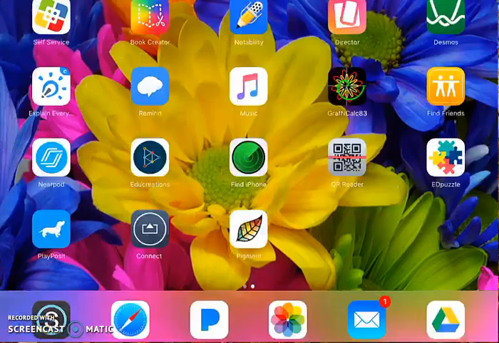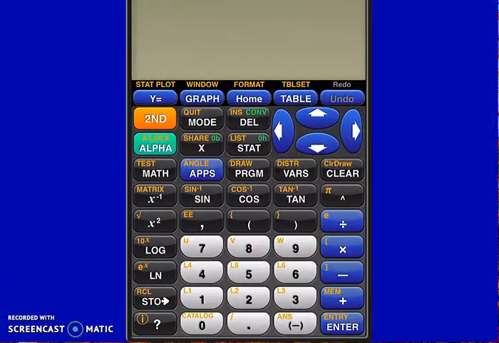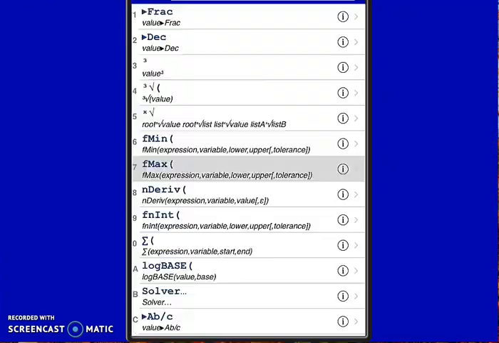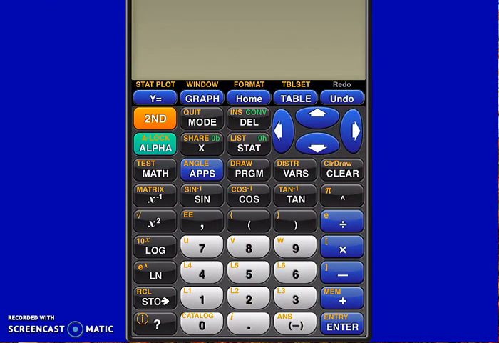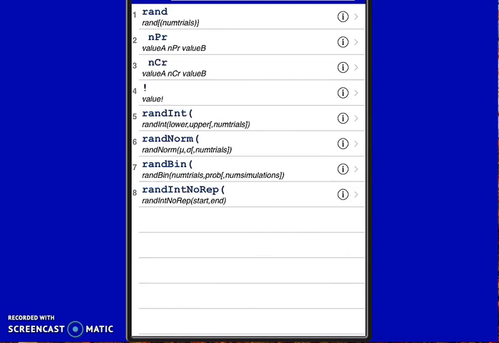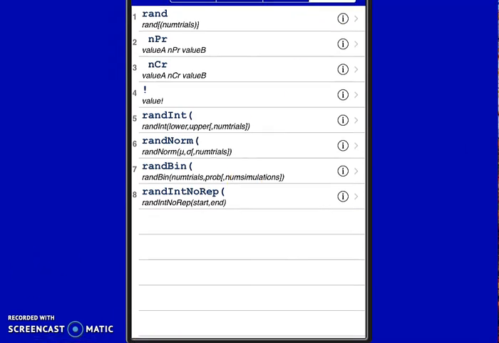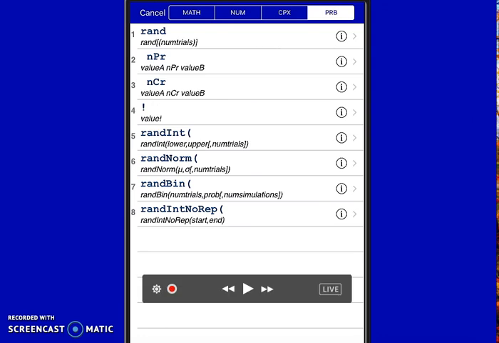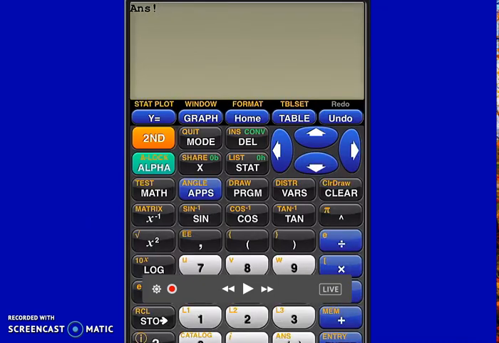And we can use our calculators. If you go to your math button on the left, and then go over to where you see PRB, it should say PRB for probability, and then you'll see NPR and nCr, but you should see that exclamation point, and then you can type that in.